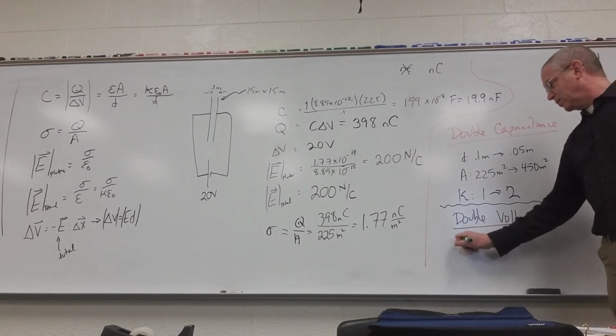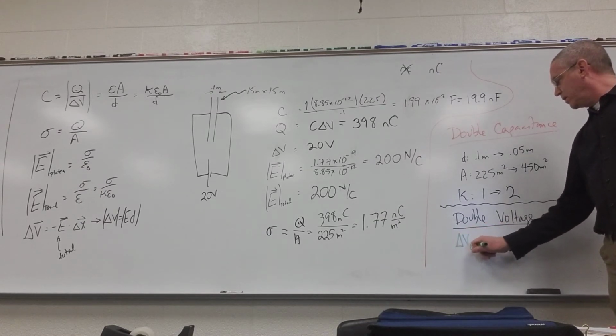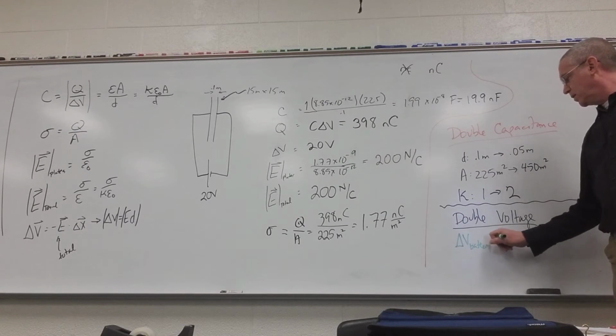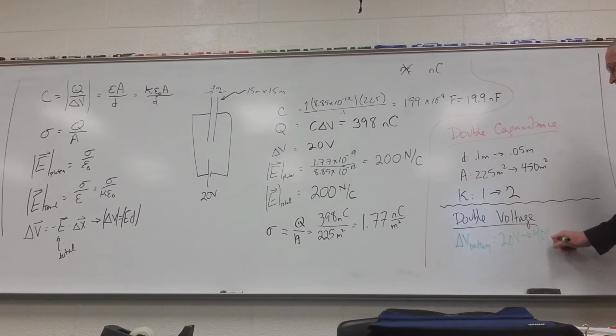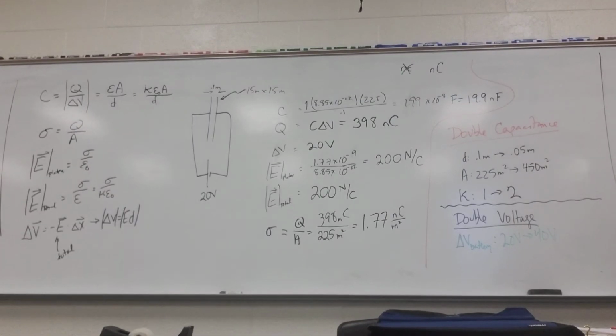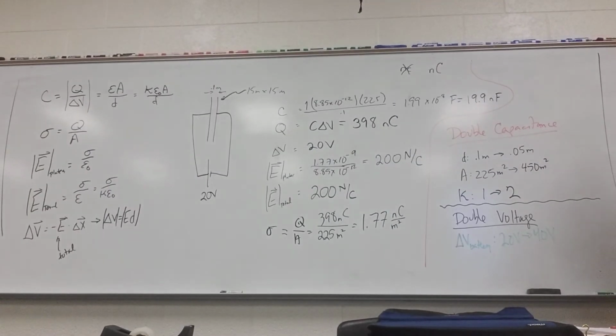Okay, so take the voltage of the battery from 20 volts to 40 volts. When I say double the voltage here, I should change that to double voltage across capacitor.